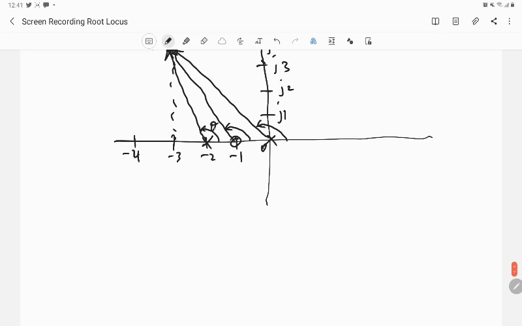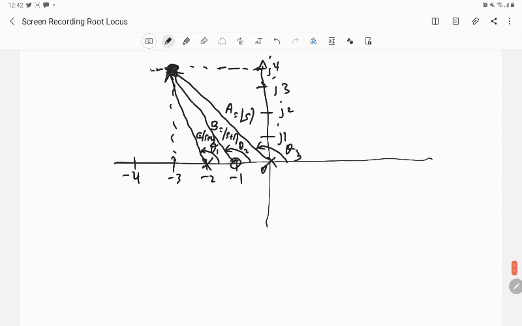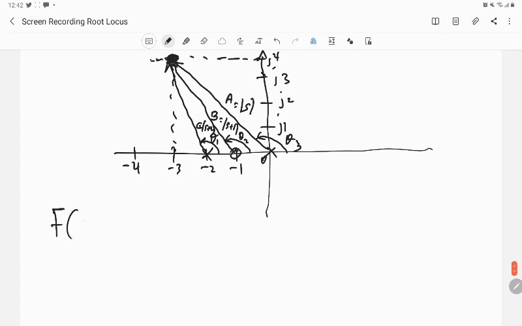So this will be theta 1, theta 2, theta 3, and the magnitudes, let me call this A, B, and C. And that is going to be equal to the magnitude of S, the magnitude of S plus 1, and the magnitude of S plus 2. So how do we solve for f of minus 3 plus j4?